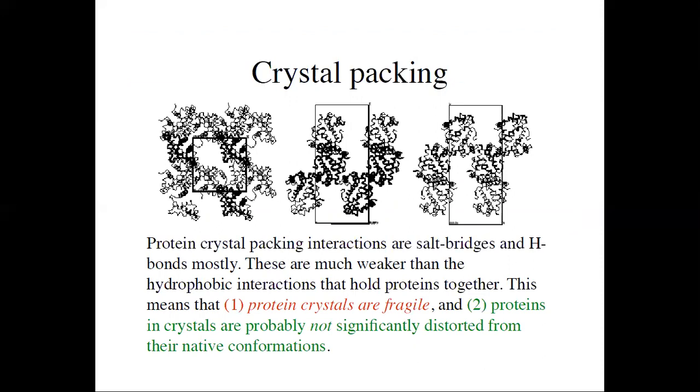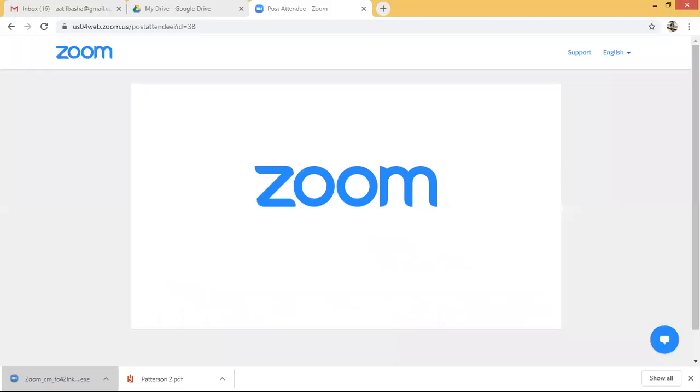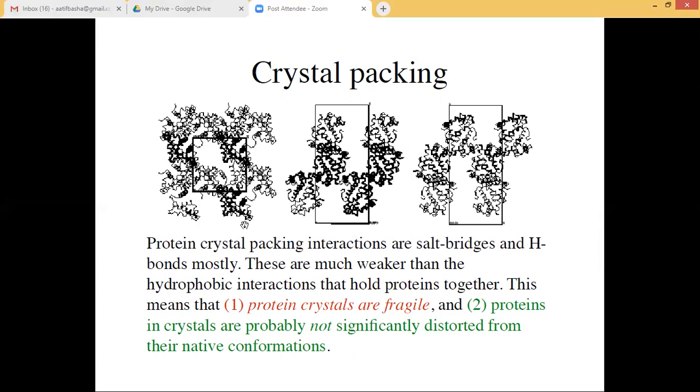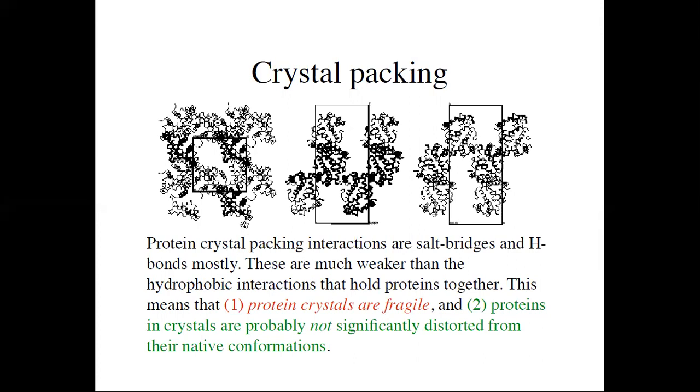This means protein crystals are fragile and proteins in crystals are probably not significantly distorted from their native conformation. This is the crystal packing. This should be bonded from the salt bridge to H bonds mostly, so the hydrophobic interaction should be retained from protein crystal to protein, probably not distorted.